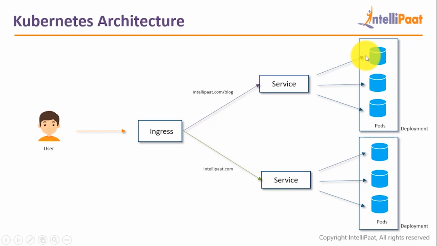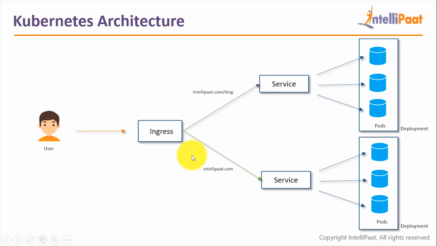And this has the blog application in it, and this has the homepage application in it. This is how your Kubernetes works internally. Your user sends a request which goes to an ingress, and the ingress decides, based on the path that the user is requesting, which service to send the request to.